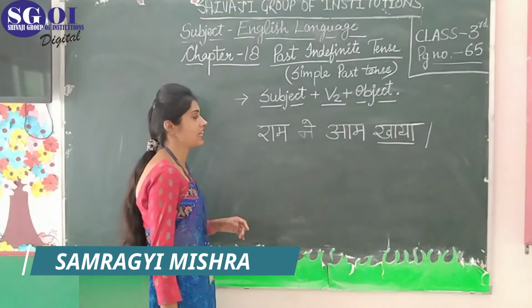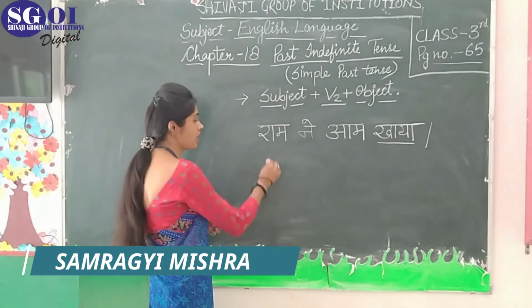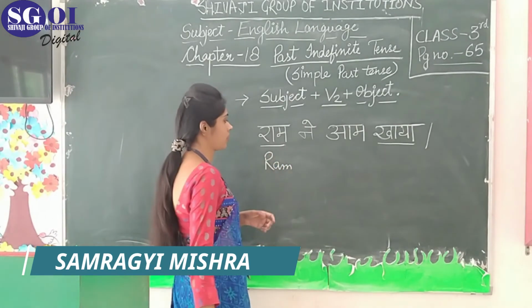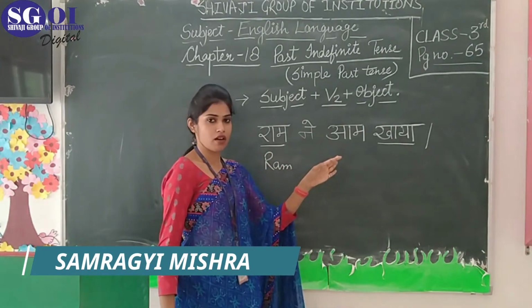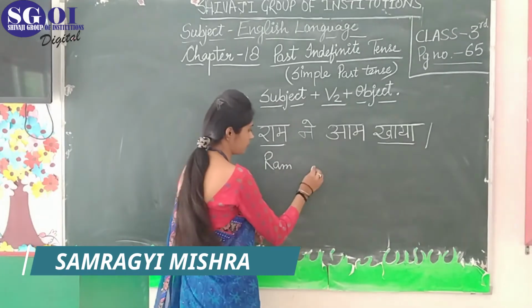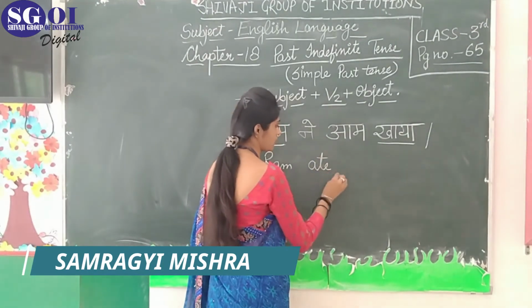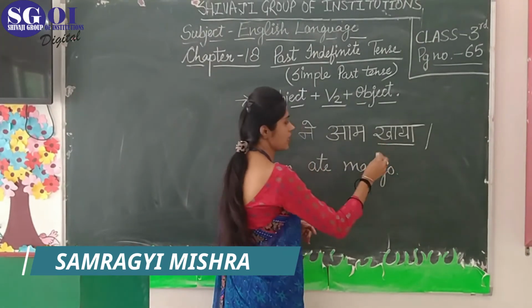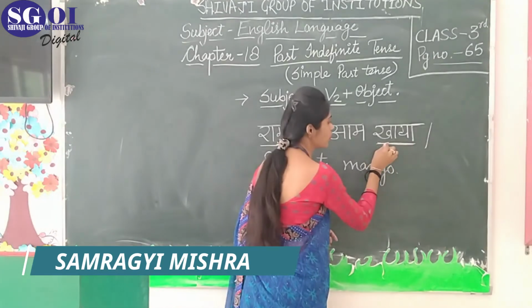This is here. And let's form it in English. Ram ate mango. Khaya is a verb, action word.